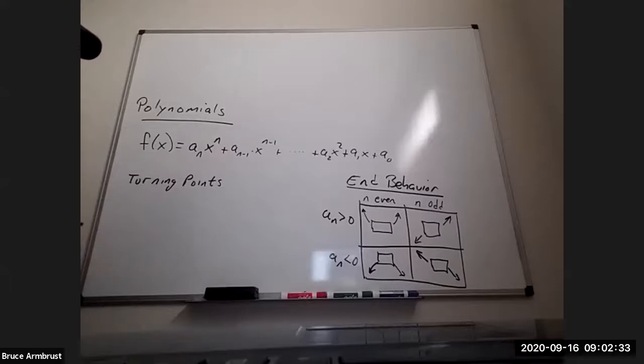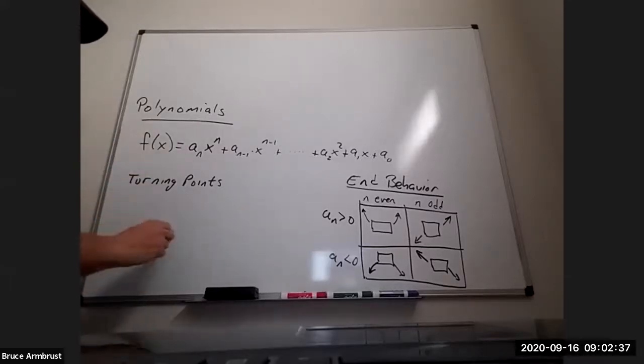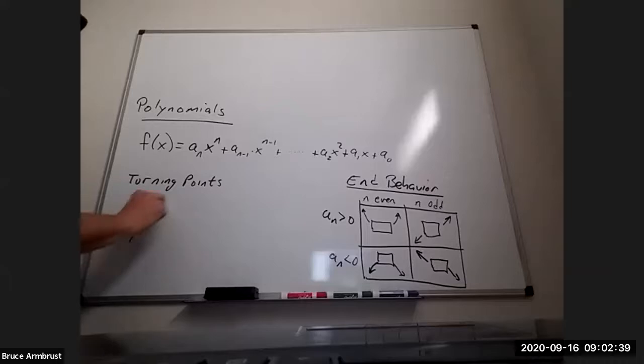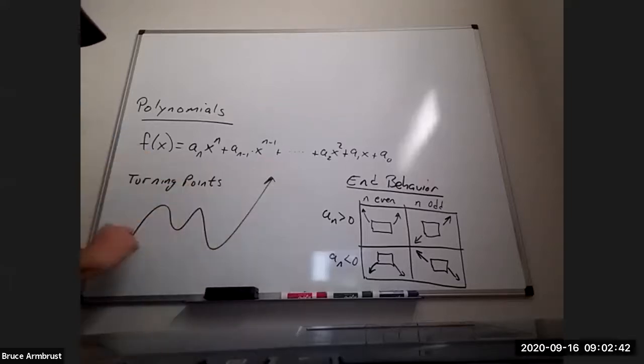You can think of them as like the little hills and the troughs, because when you draw a polynomial, you get things that look like this. What you can tell me right now is that this is an odd degree polynomial.